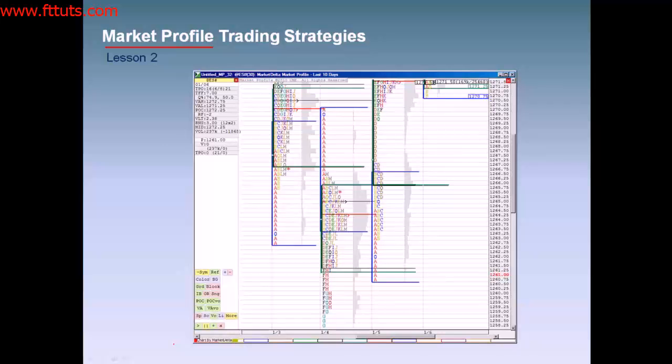It's interesting that this charting technique was actually developed by the CBOE, the Chicago Board of Exchange, and it was originally developed for the commodities market. And the idea behind the market profile was to actually create more transparency in the market, to allow people to have a visual interpretation of what was actually happening in the market to help them in their analysis of the market.